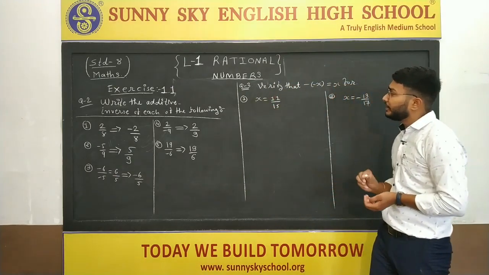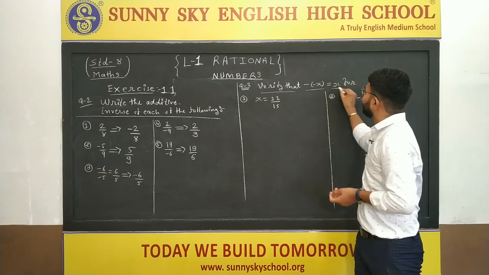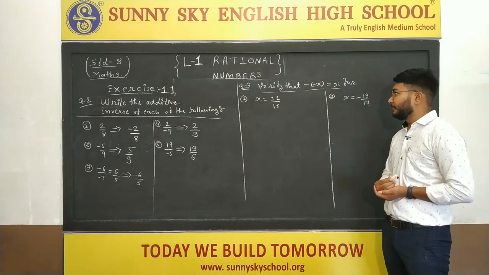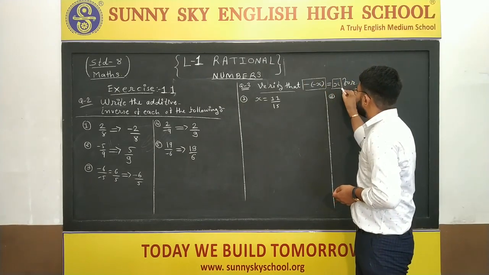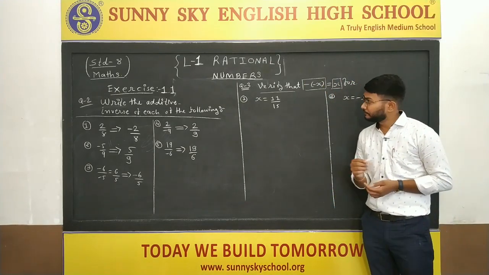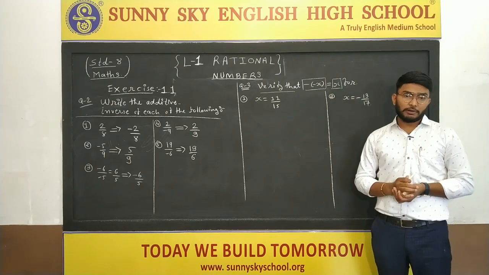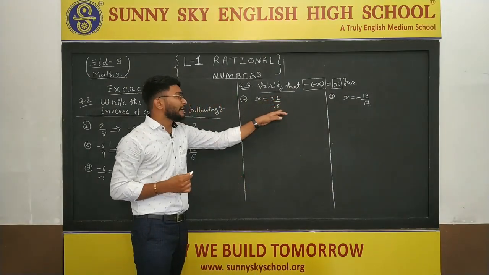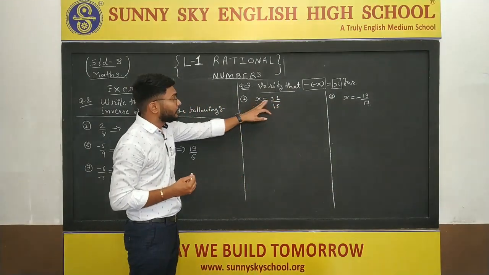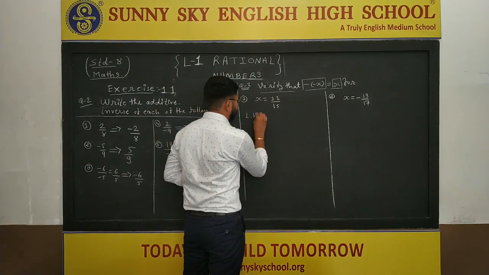Now question number 3: verify that minus minus x is equal to x. It means this is our left hand side and this is our right hand side. We have to prove whether our left hand side and right hand side are equal or not. See, the first question is given, x is equal to minus 11 divided by 15. We start with the LHS.